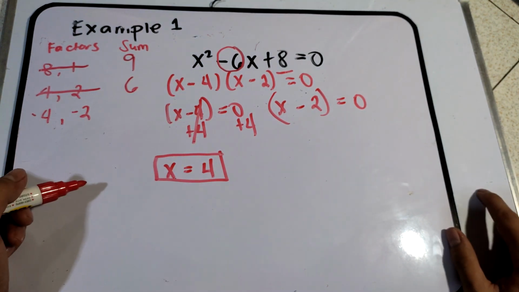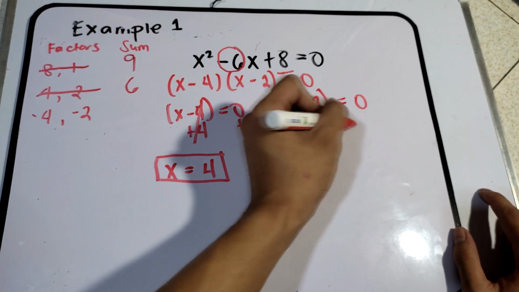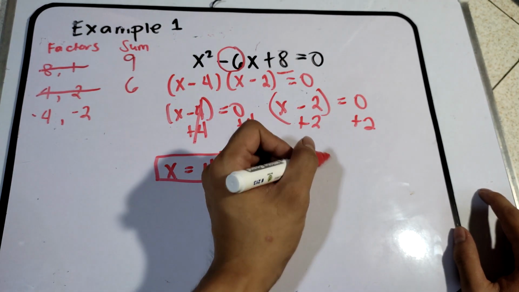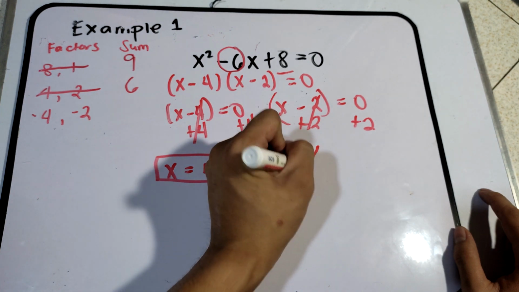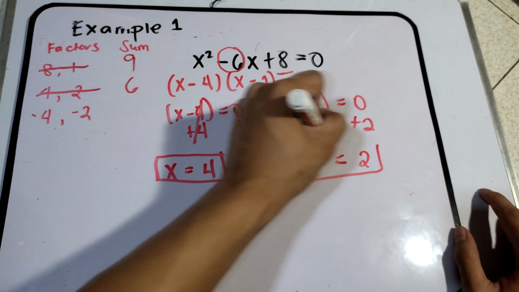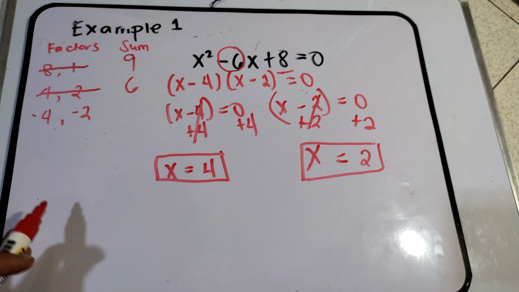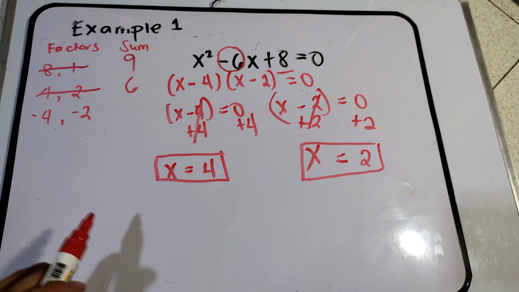Next, add both sides by positive 2. So, cancel. x is equal to positive 2. Kaya tayo gamit ng zero product property is for us para mapalabas yung roots niya or yung solution natin.